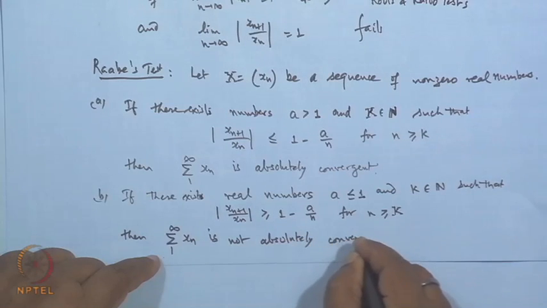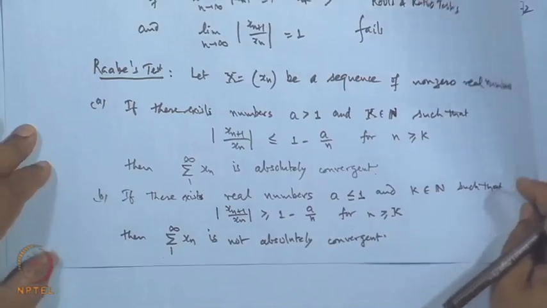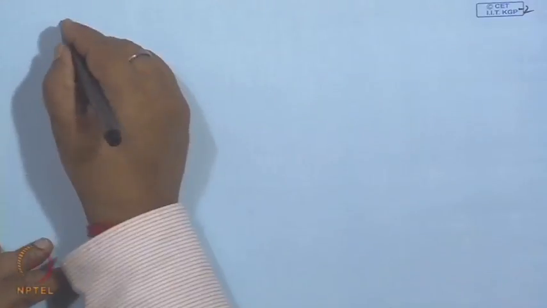It means it will be a diverging series. The proof of this follows as it is.